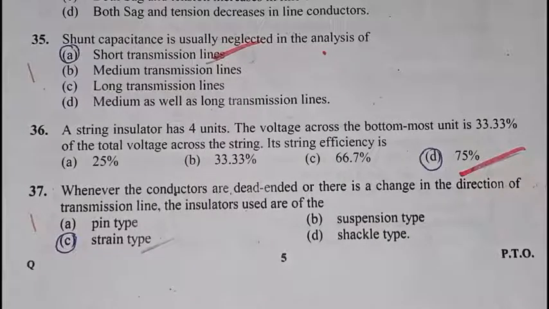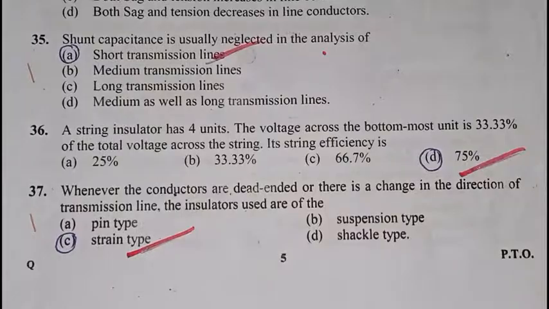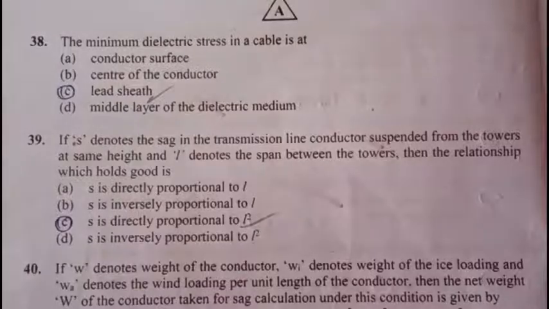Question number 37. Whenever the conductors are dead-ended or there is a change in the direction of transmission line, the insulator used is. Answer option C, strain type insulators. Next question number 38. The minimum dielectric stress in a cable is at.